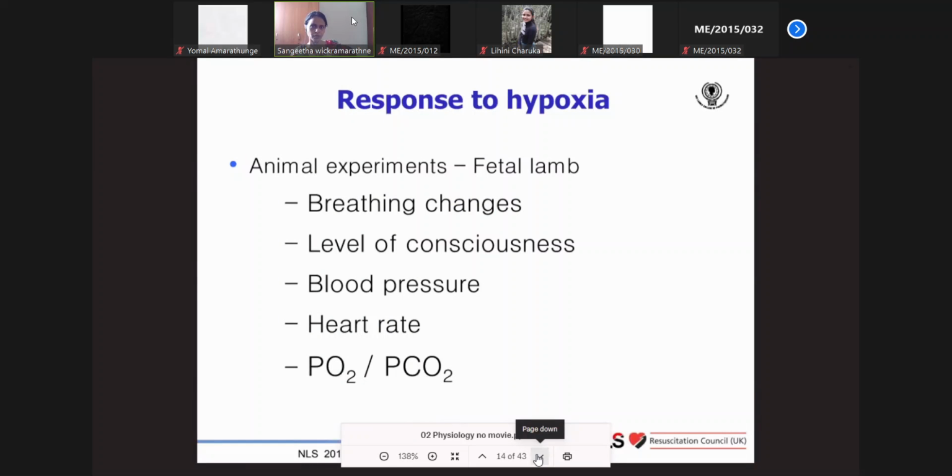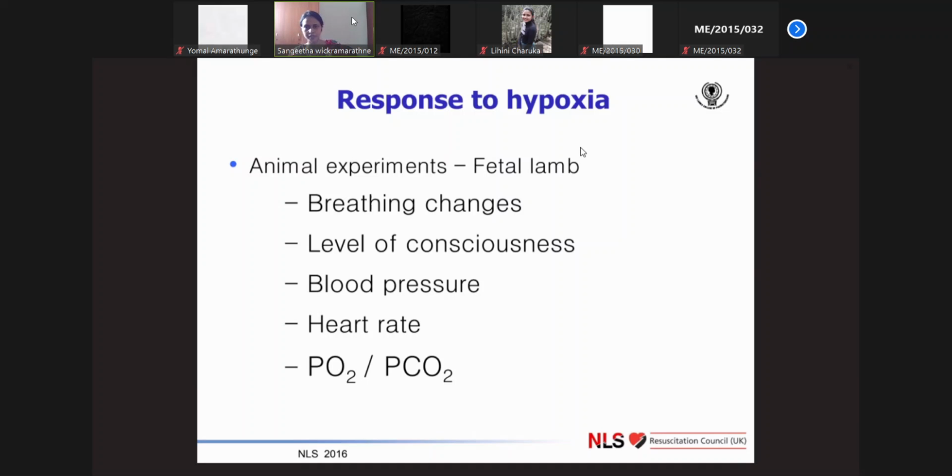For the response to hypoxia, I just want you to have some idea about a graph I will be showing in a later slide. I will be discussing what happens just after birth, so then you will be able to remember it easily in a logical manner. Now they have done animal experiments using a fetal lamb; you don't have to remember these. They delivered the fetal lamb and, without letting it breathe, immersed the fetus's head inside the water.